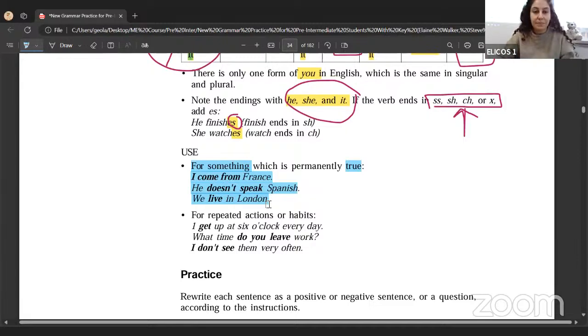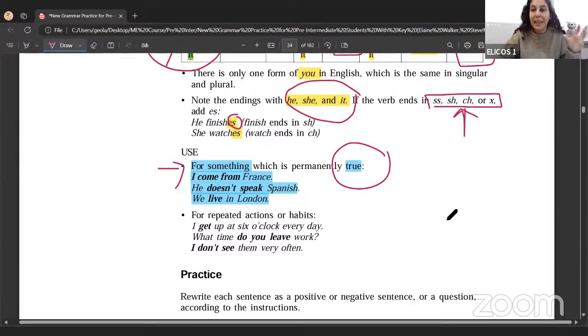True information. So that's the first rule, when we need to use it. So for true information about your life or someone else's life, about the verb: where do they live? What do they like? What do they do for a job? What do they speak? What do they enjoy to do? What action are they doing?